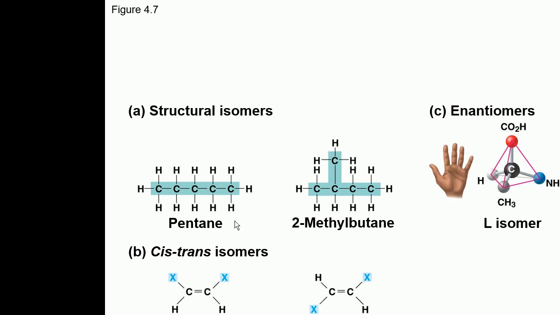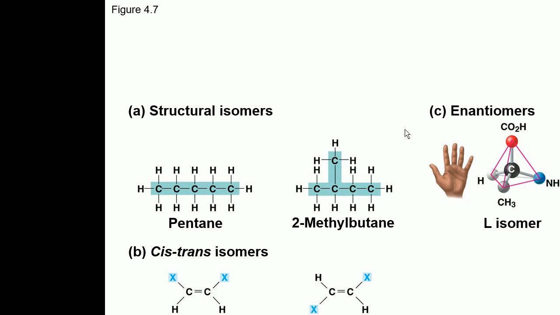The 2 carbons linked to each other by a double bond are considered to be in the same plane, and this side is considered above the plane and this side is considered below the plane. So if the functional groups are on the same side of the plane, like in this case, both functional groups are on the upper plane, then this isomer is a cis isomer. But if one functional group is on this side and another is on this side, then they are trans isomers.